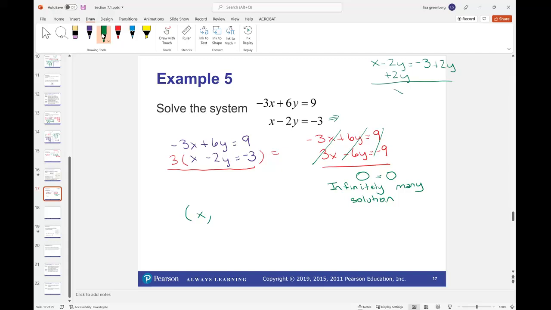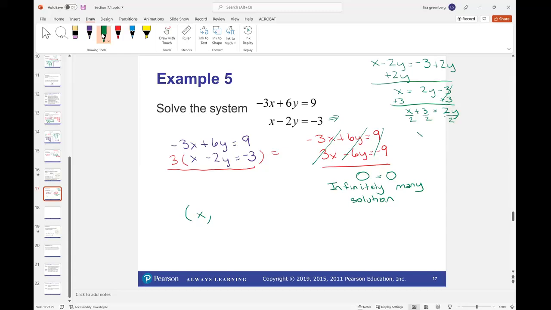So I get X equals 2y minus 3. Now I'm going to add 3 to both sides. And I get X plus 3 equals 2y. These cancel. And now I'm going to divide everything by 2. So I'll divide this by 2, this by 2, this by 2.